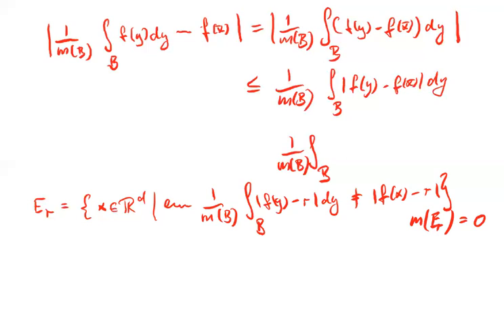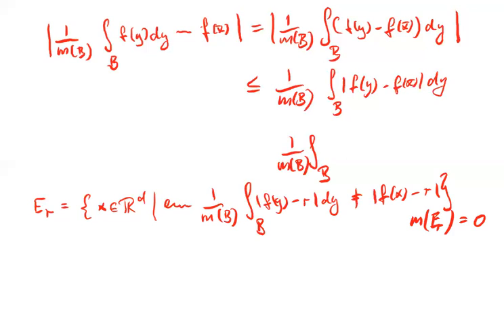Professor, on page 107, there's an inequality. There are three inequalities, but the second one in the middle: the integral, 1 over m of B, integral absolute value f of y minus f of x bar is less than or equal.